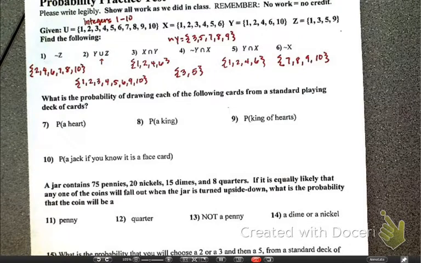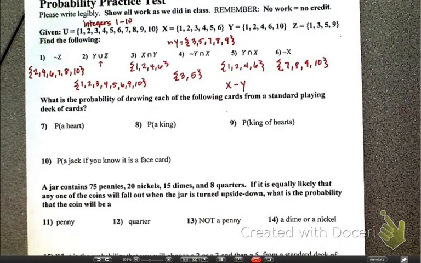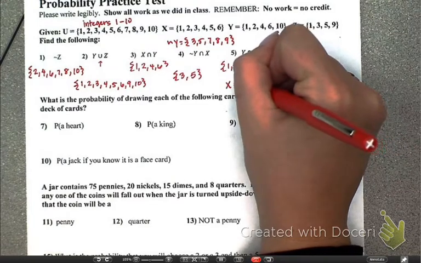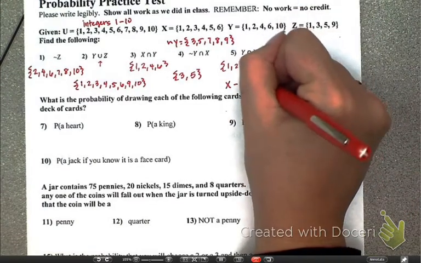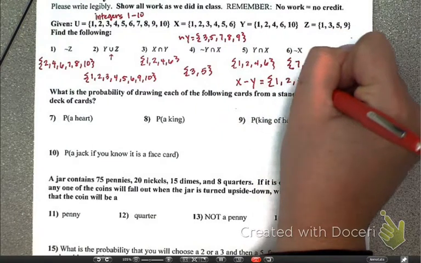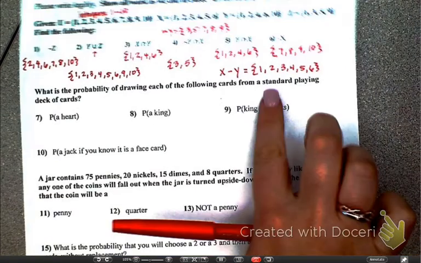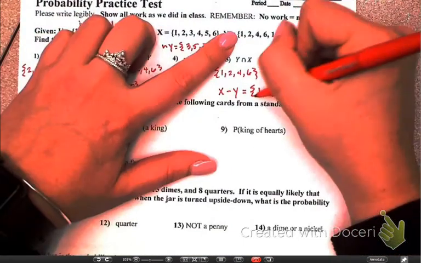Yes. How would you do something like X set minus Y? Like, how would you do that? So for X set minus Y, you take X, which is 1, 2, 3, 4, 5, 6, and you delete everything that matches with Y. So Y has a 1, so I'm going to cancel it.